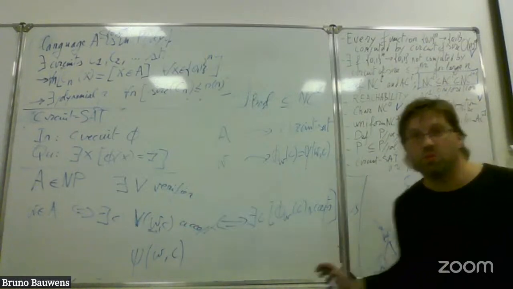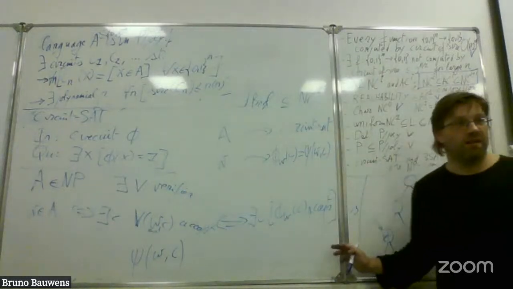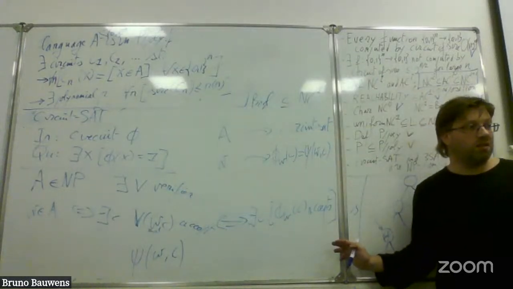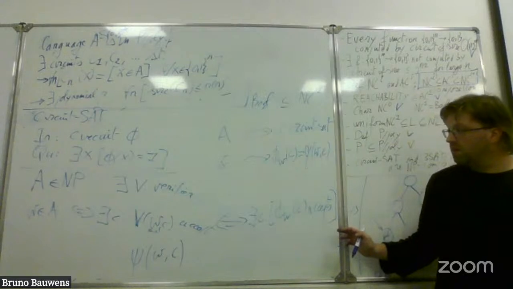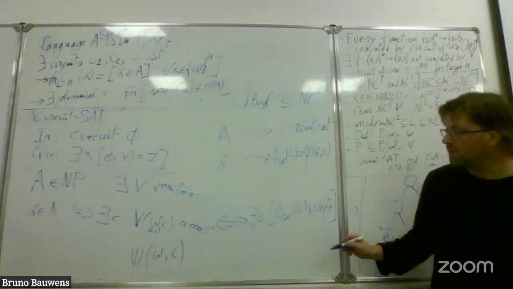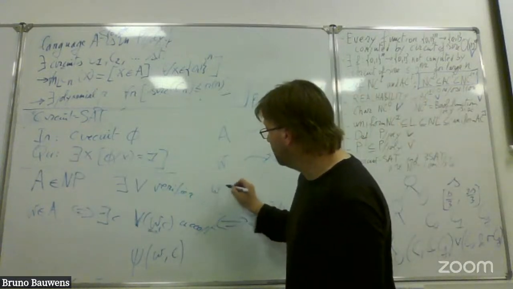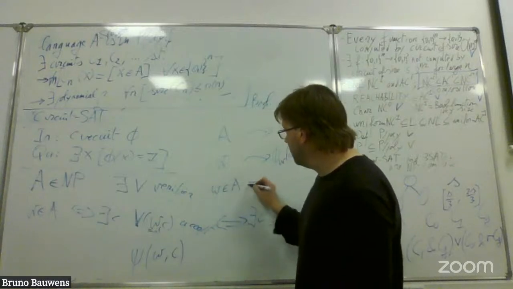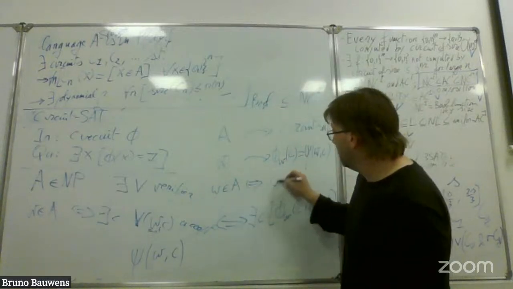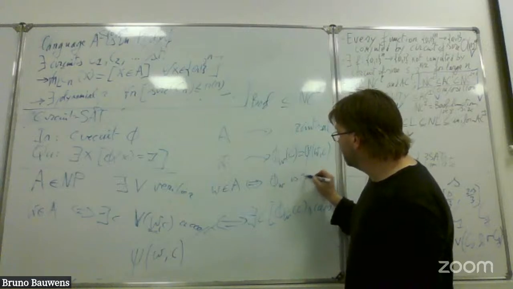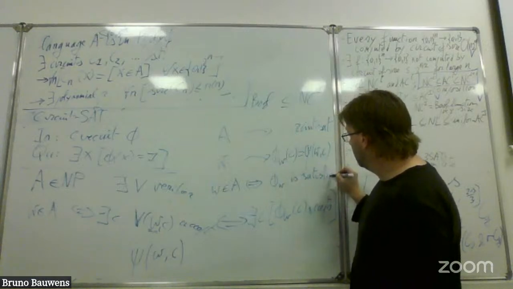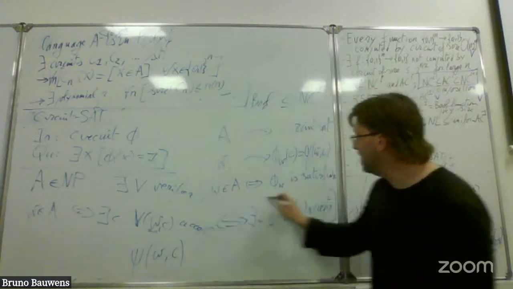Do you want me to repeat something? Ask now. Then we convert the circuit into a formula. So now we have proven that w is in A if and only if phi_w is satisfiable. This is what we achieved.